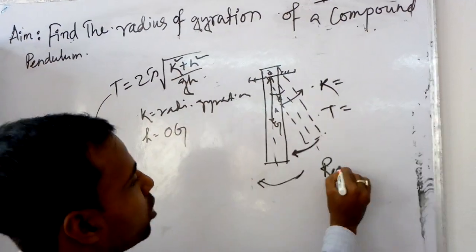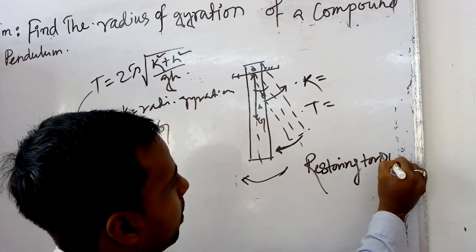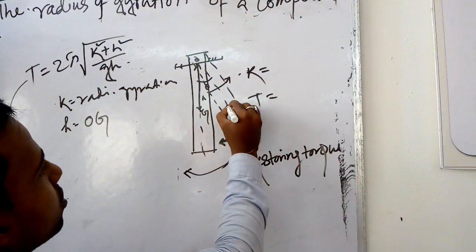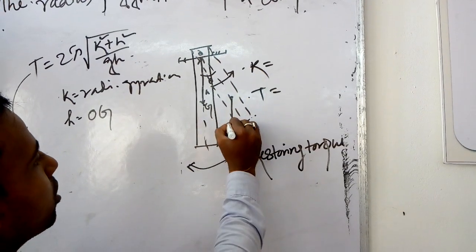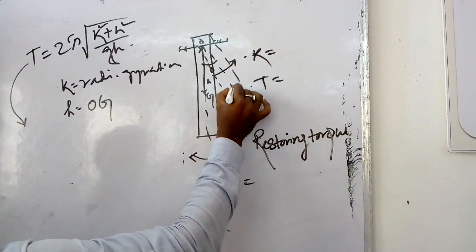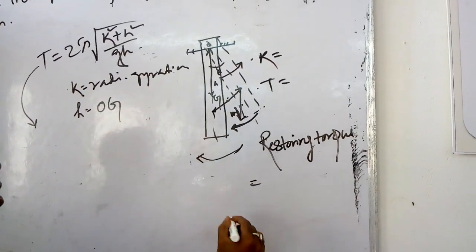So first we find the restoring torque. If this is the CG, the weight mg acts in this way.